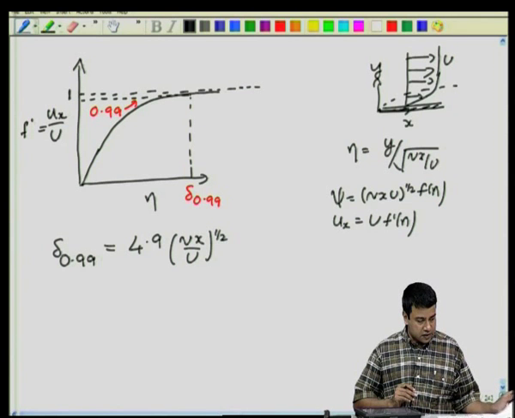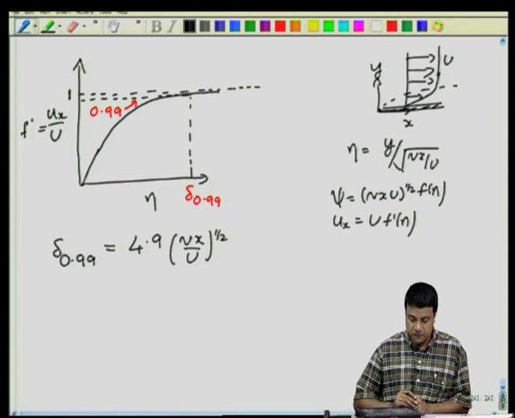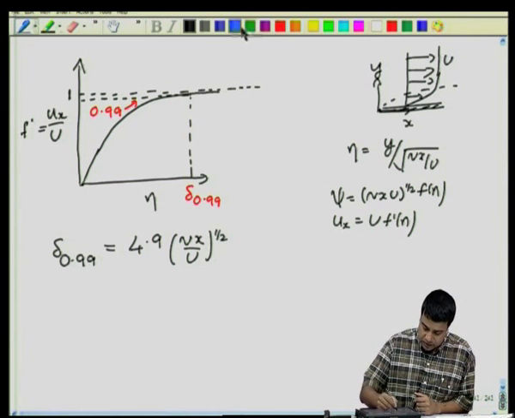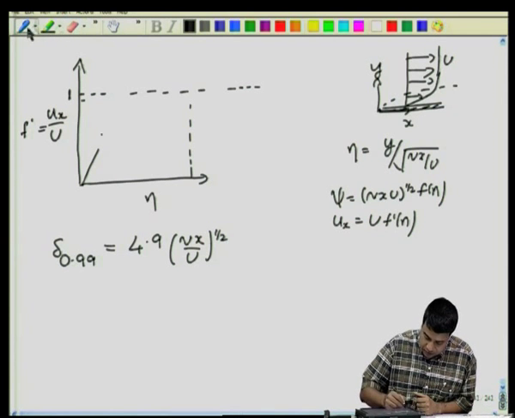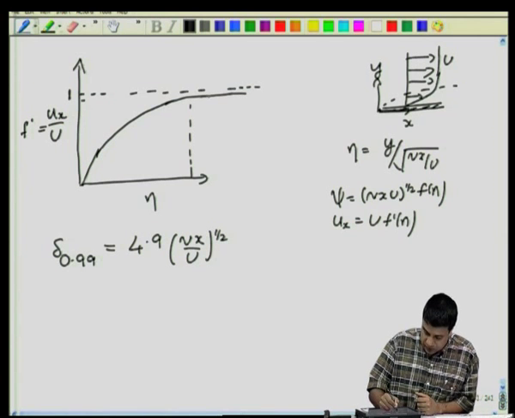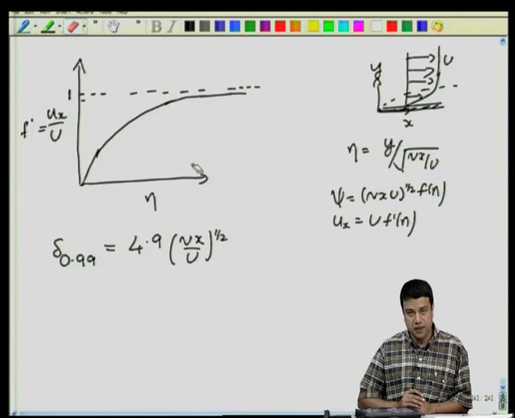There are other definitions that are often used for boundary layer thickness. One is the displacement thickness. That is, if this entire velocity profile that I had, so this is the velocity u_x by U that I actually have for the actual flow.